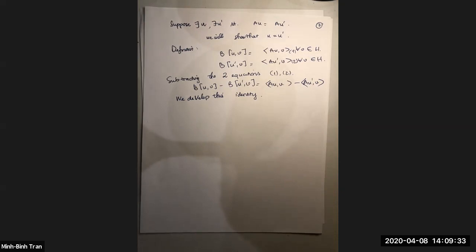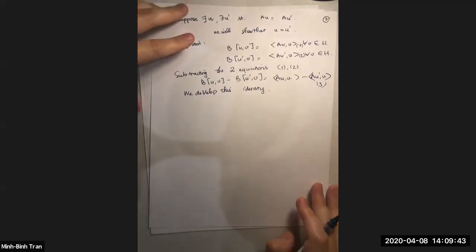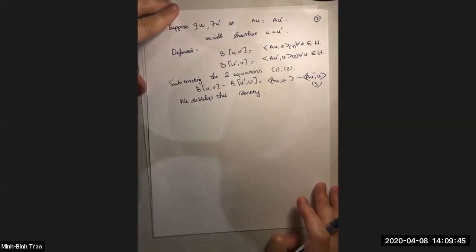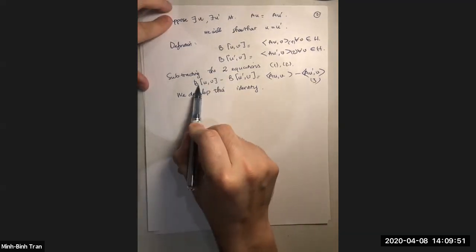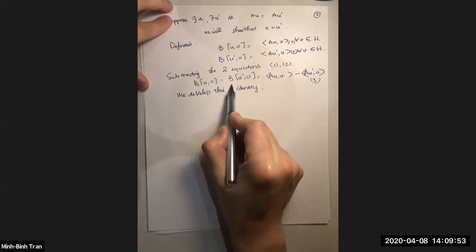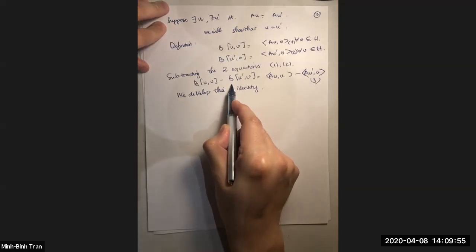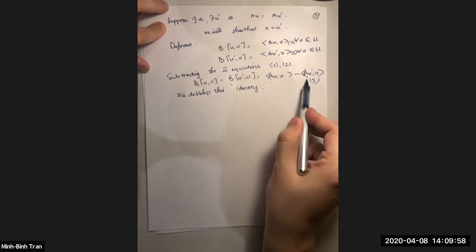So remember that B is linear. Because B and A are linear, what can I get from the third equation? B is even bilinear, and A is also linear.